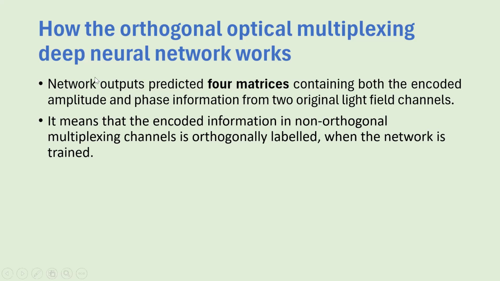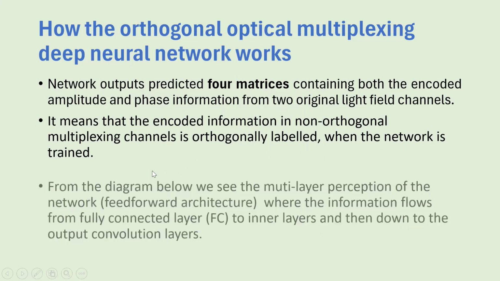So once there is a successful generation of the image, or successful classification, or successful invoking of various operations on these light channels on this deep learning neural network, then we shall say that the multiplexing is orthogonally labeled when the network is trained.